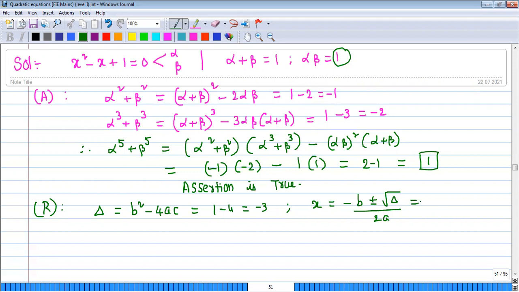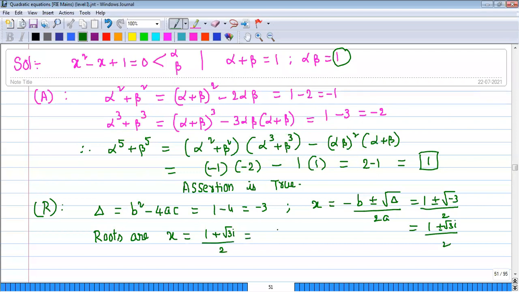So this will be 1 plus or minus root of negative 3 upon 2, which is 1 plus or minus root 3 i by 2. So the roots are x equals 1 plus root 3 i by 2, which is nothing but minus of minus 1 minus root 3 i by 2, or 1 minus root 3 i by 2, which we can write as minus of minus 1 plus root 3 i by 2.